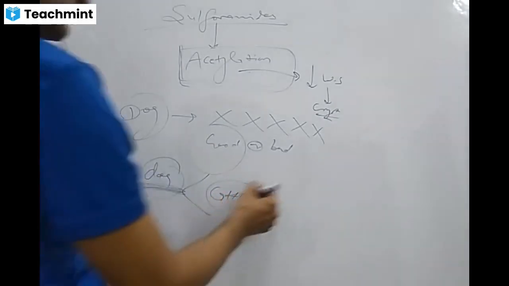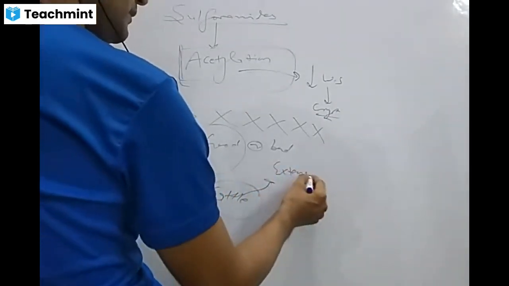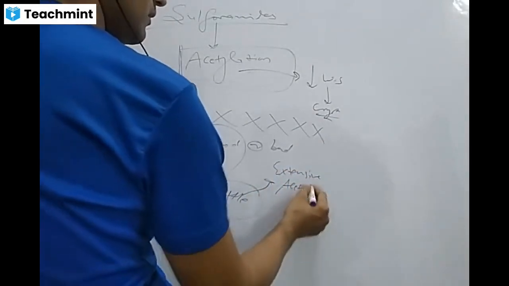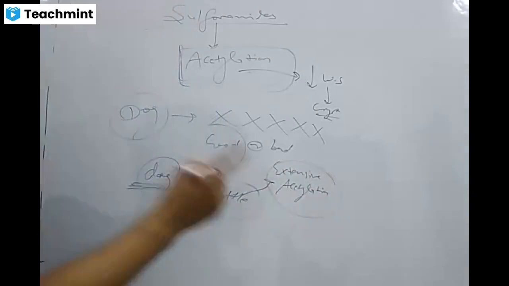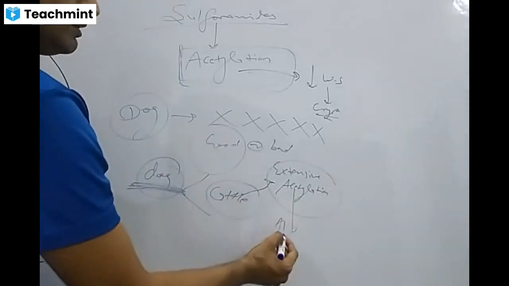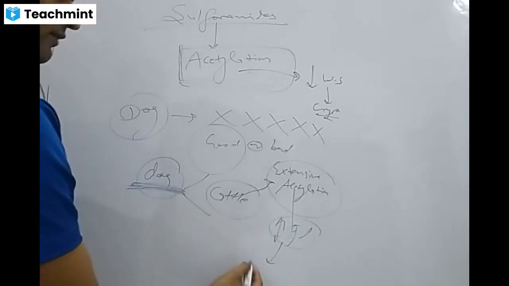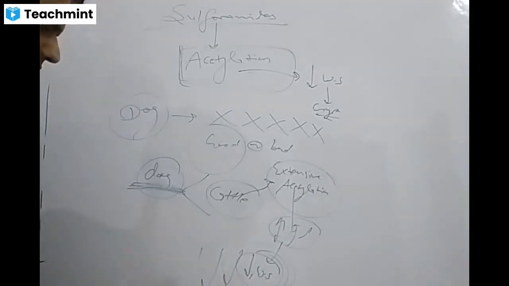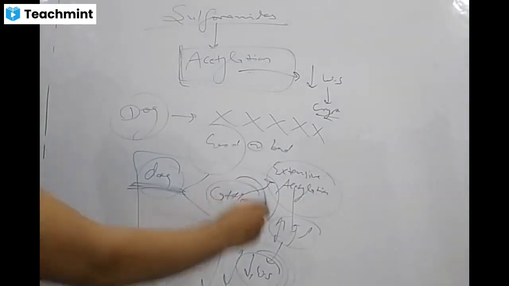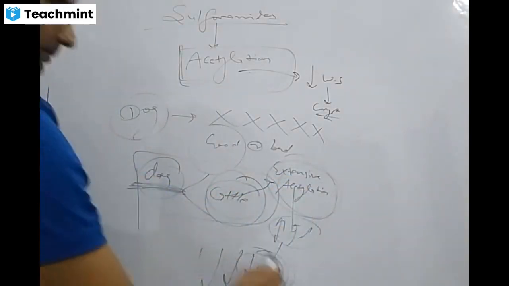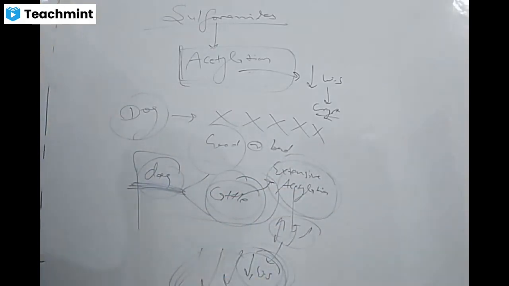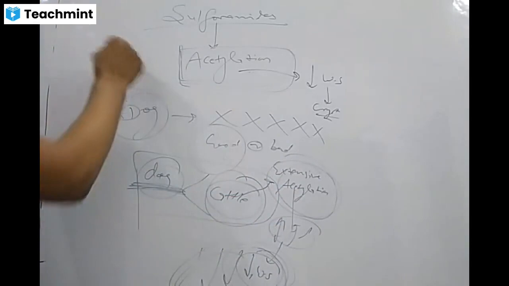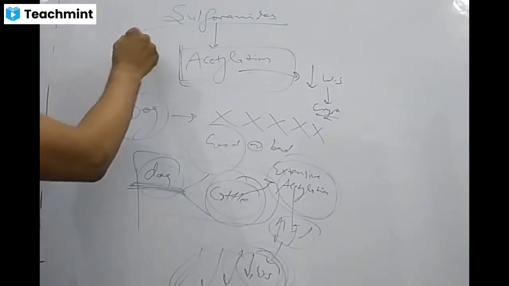Why? Because in case of cattle, there is extensive acetylation. What does it mean? The more you do the acetylation, the more it decreases the water solubility, less and less, and that will lead to crystal urea. So if you compare cattle versus dog, in cattle extensive acetylation makes the drug less and less water soluble, more prone to crystal urea, even though we say that canines have acidic urine and herbivores have alkaline urine.